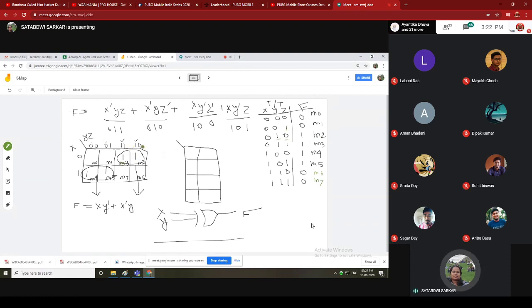So where is Z 0? Here the value of Z is 0. So this is the M2 cell. Value of X is 0, Y is 1, and Z is 0. This is M2, so we are putting 1.